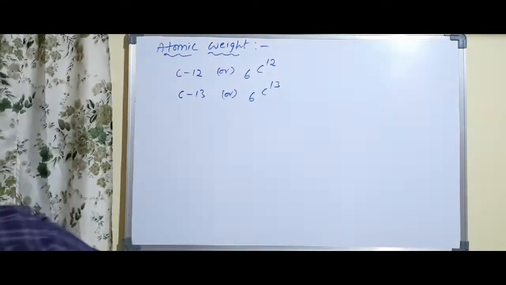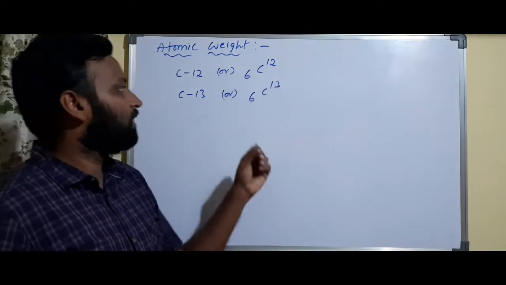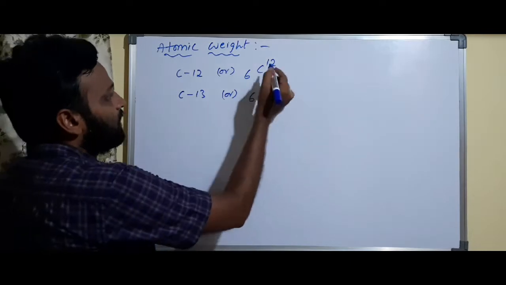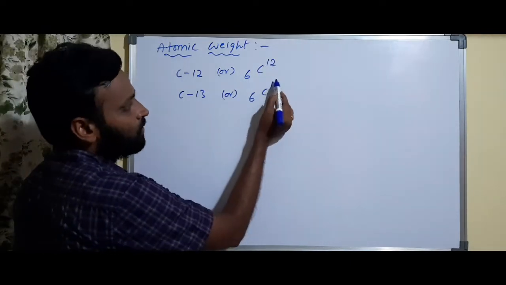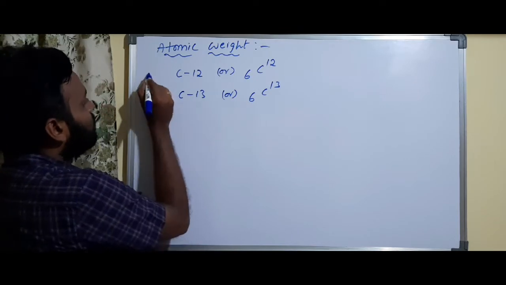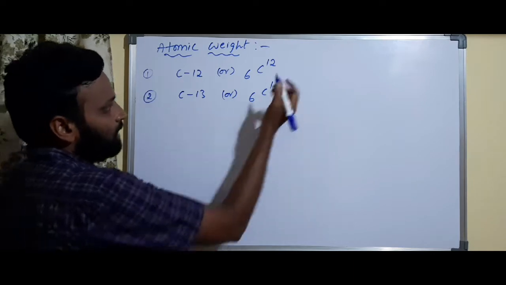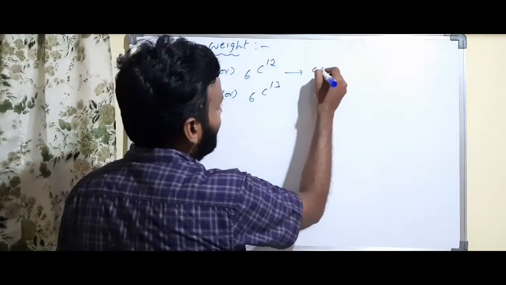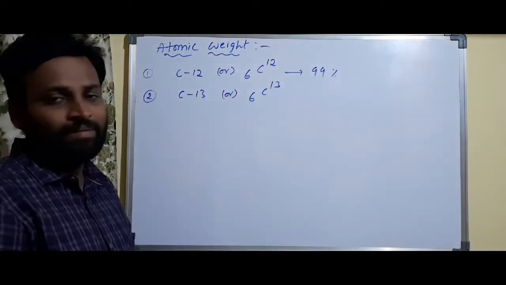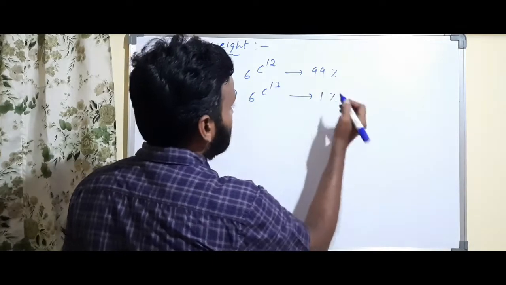The 12 is the mass number for one isotope and 13 is the mass number for the other isotope. C12 is around 99% available in nature, and C13 is available only 1%.